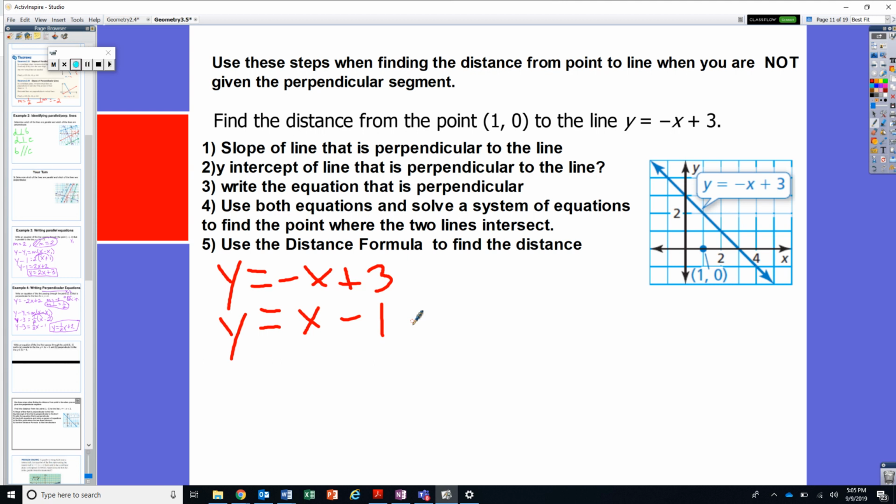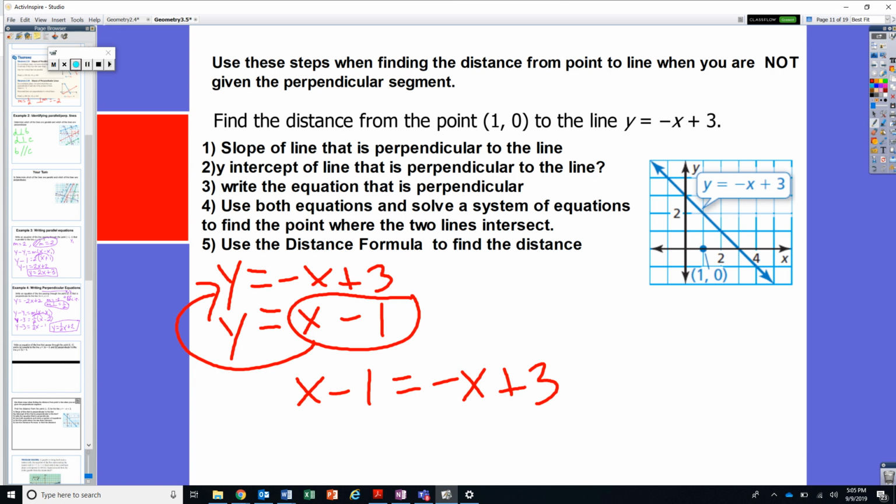So substituting x minus 1 into our one y, we get x minus 1 equals negative x plus 3. Combining like terms, I get 2x, and I add the 1 over, I get 4, divide through, and I get x equals 2. So this identifies the x coordinate of the point where the two lines intersect.